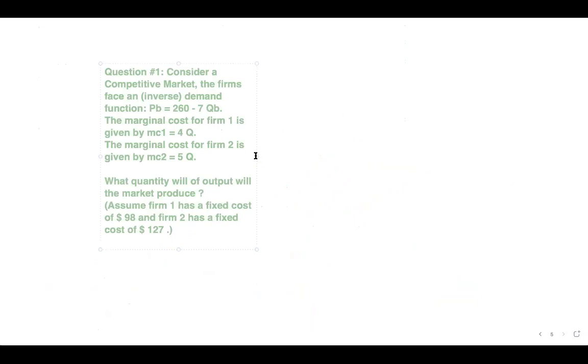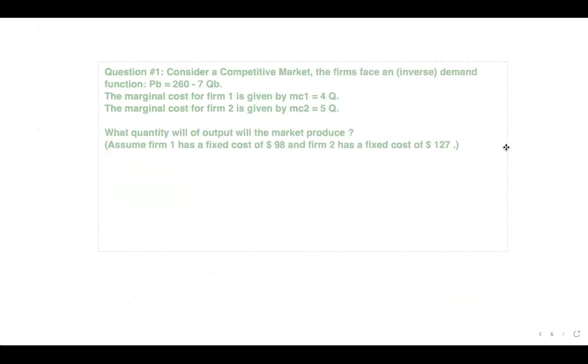Okay, so here's our same question. Okay, so instead of saying consider the competitive market, I'm going to say consider the monopoly cartel.